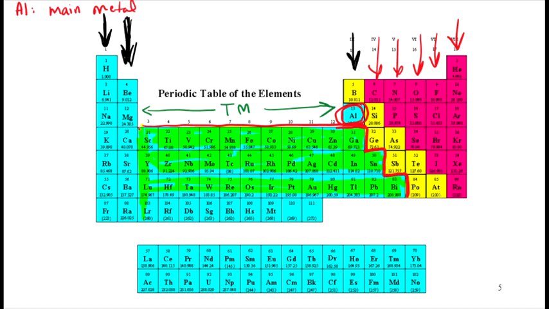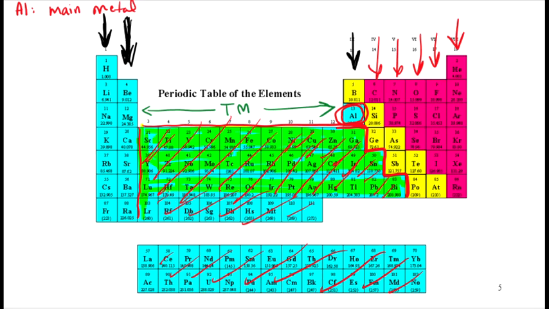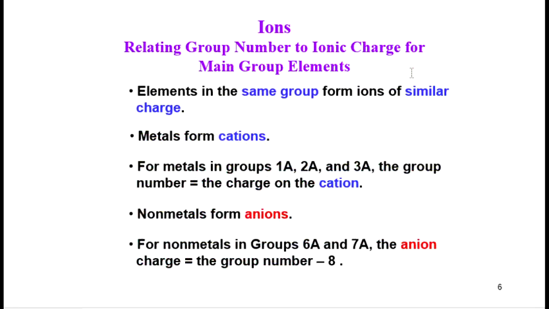So this is the place of the transition metals. The reason I'm going to remind you is because we have a different naming rule for transition metals. So metals and non-metals join each other to make ionic compounds.